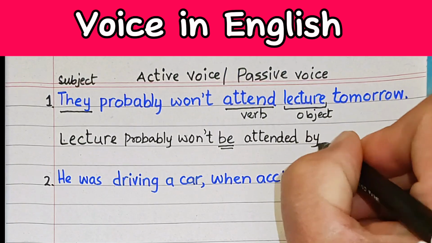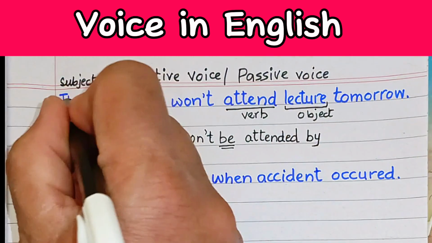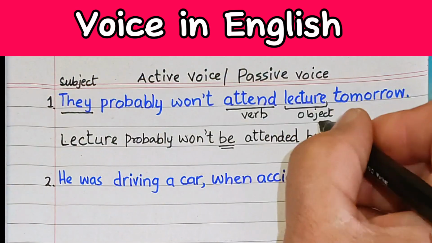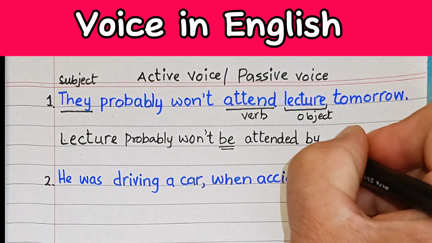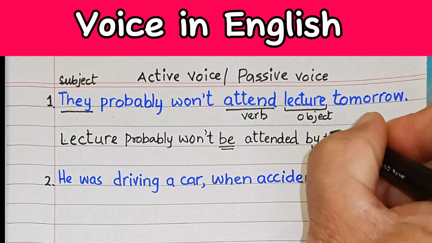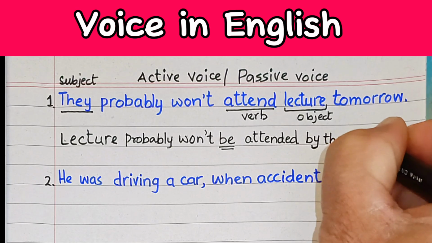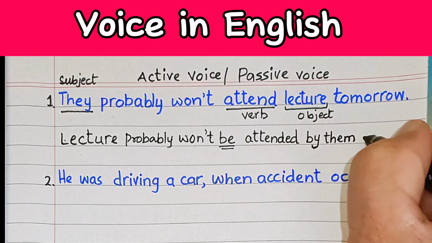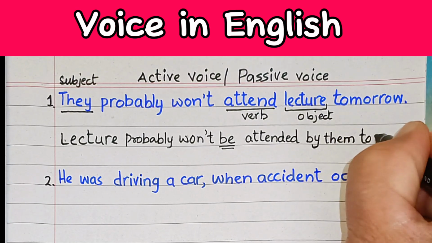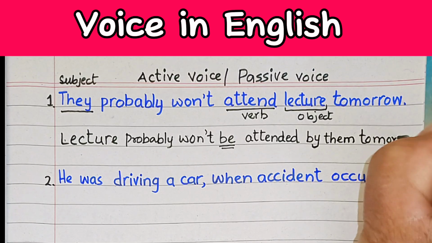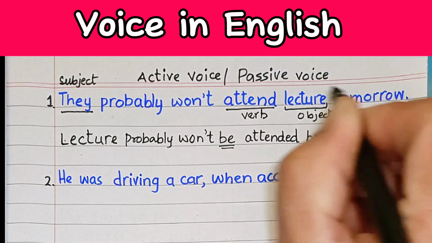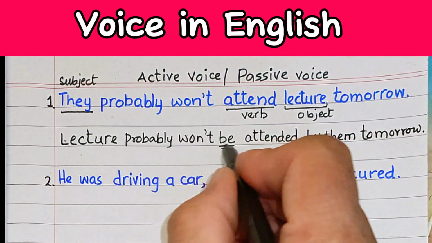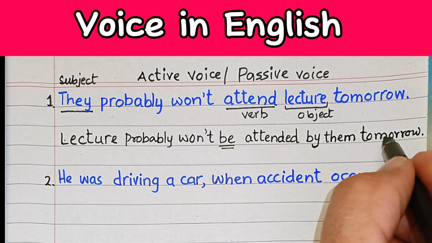Now we have to write by, then the previous subject. Again the doer is the same person, but we have to convert that into the objective case, that is them. So when we write tomorrow, it becomes: lecture probably won't be attended by them tomorrow.